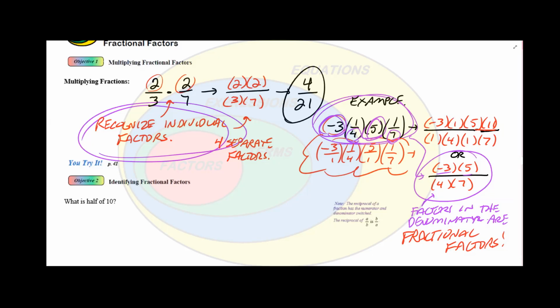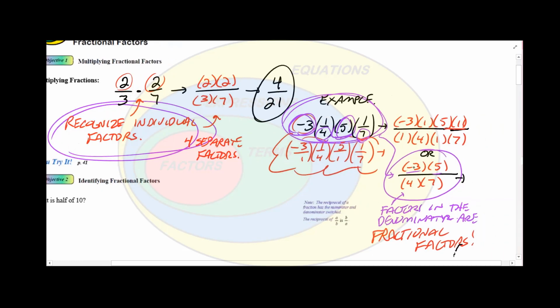So I know we're kind of itching to get this answer. What's the answer to -3/5? -3 times 5 would be -15 in the numerator, and the denominator is 28.